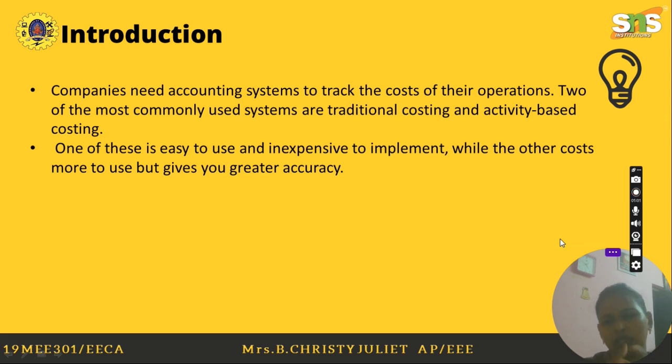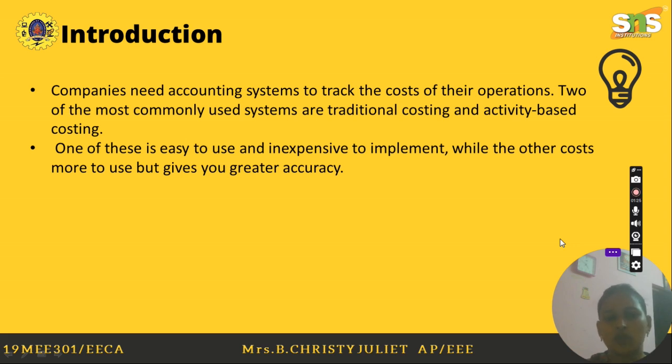So why do we need these costing approaches? Because a company needs accounting systems to track the cost of its operations. In order to track those costs, we need to have a proper costing mechanism so that we can make changes whenever required or whenever possible.